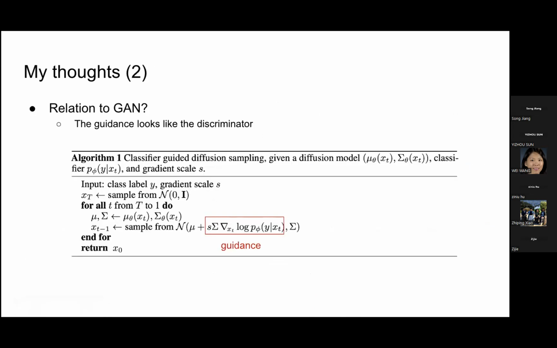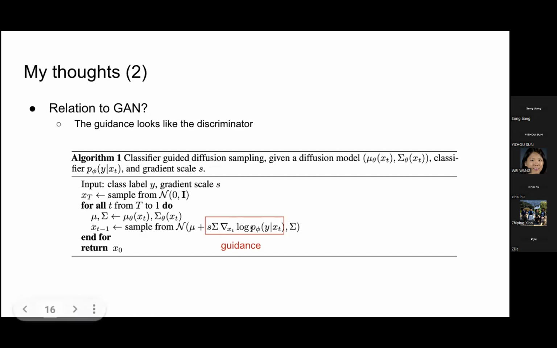And second, this is also another thought from me: what's the relation of this classifier guidance diffusion model to GAN? Because we know that this classifier is basically the discriminator in GAN, right? Especially when we do the sampling, we are fixing the parameters of this classifier. We just use this classifier to judge or to give the probability.